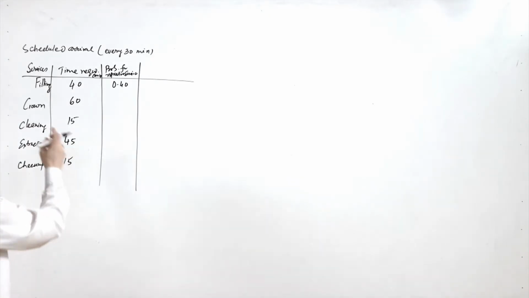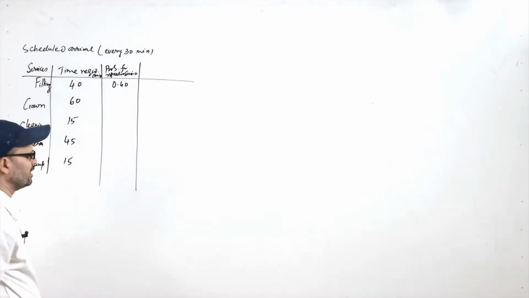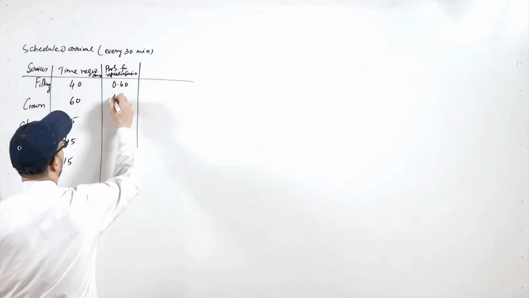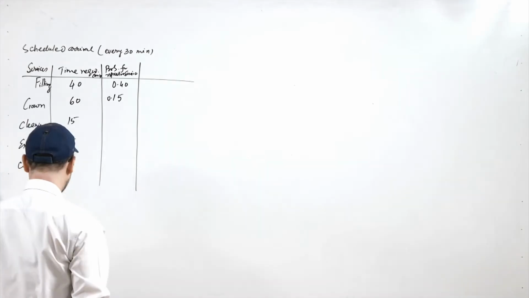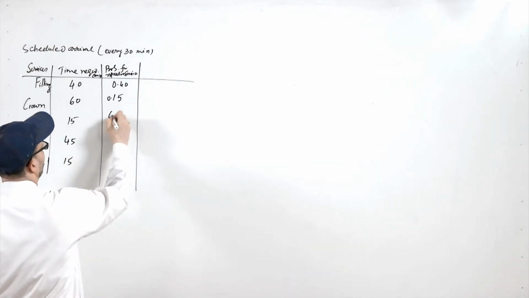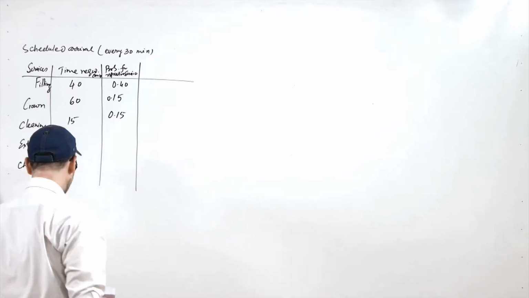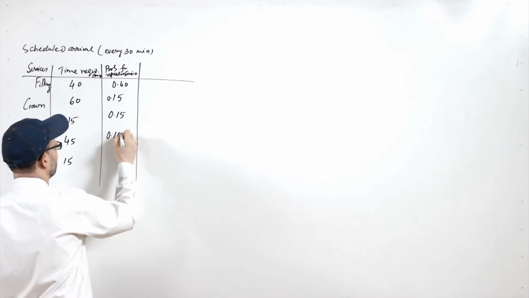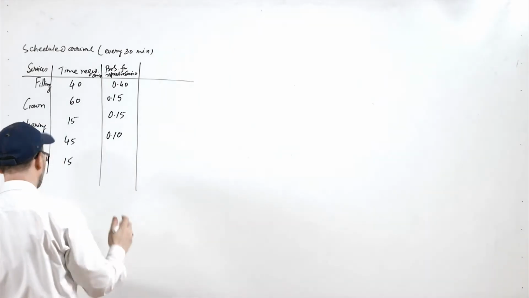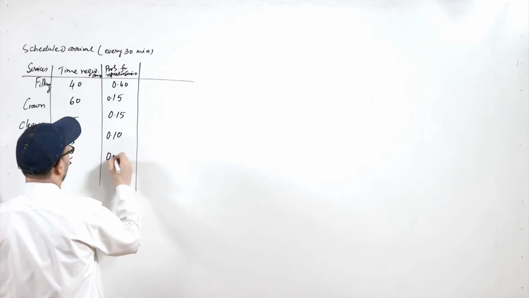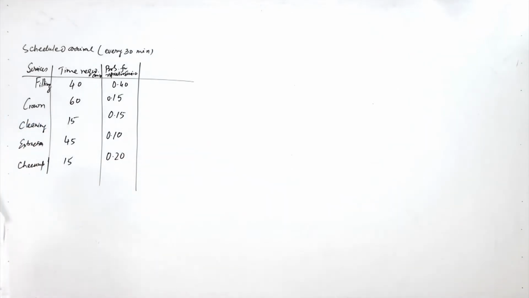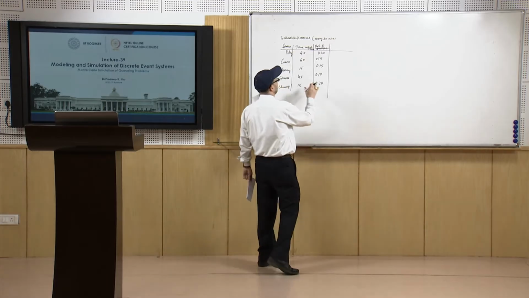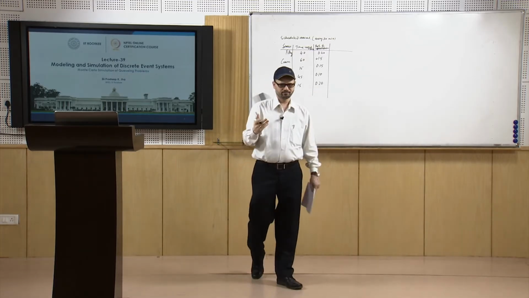Similarly, the probability of coming for crown placement is 15%, that is 0.15. The probability for cleaning is again 15%. The probability of extraction is around 10%. The probability for checkup is around 20%. This data is there, and you are told to find the average waiting time.